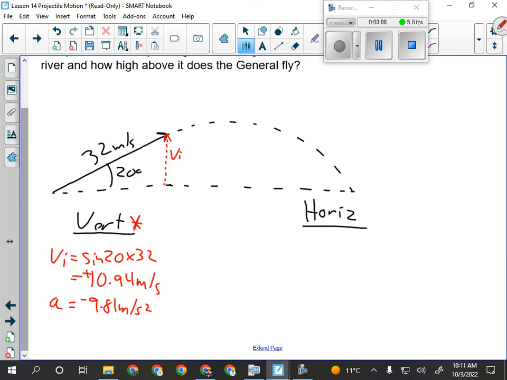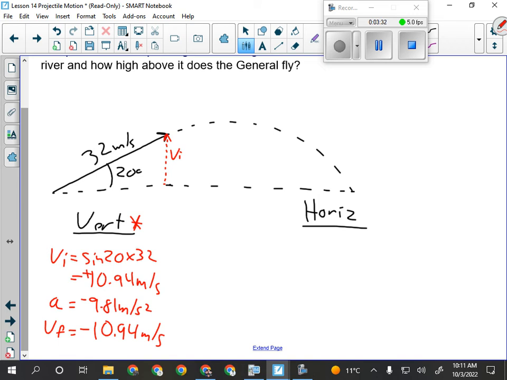It had better come back to my hand at the same speed it left at. Agreed? Because everything else is equal. So in this situation at least, VF will be negative 10.94 meters per second. If those heights aren't the same, then that's not true, and I would have to go about this a different way. It doesn't make it any harder, it just means a different way.